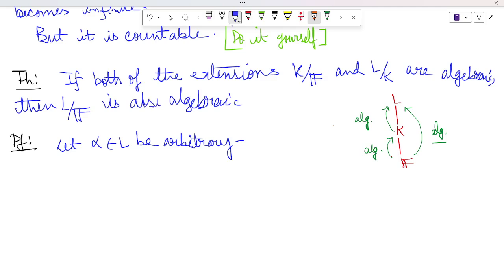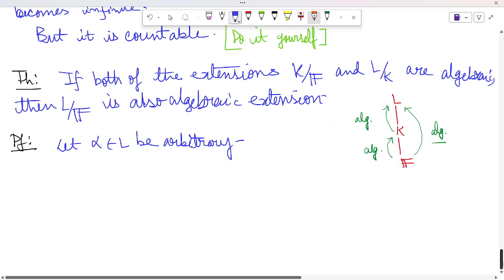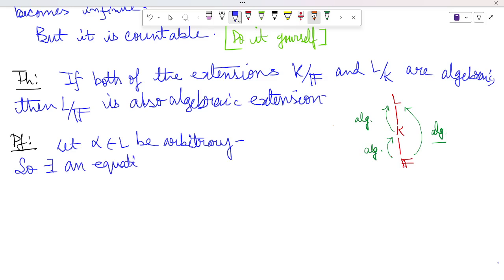Since L over K is algebraic, there exists an equation such that alpha is a root.